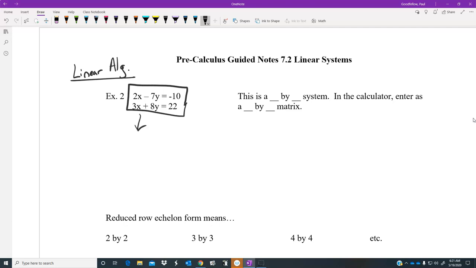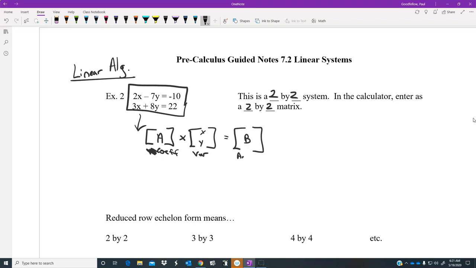Now, one of those that you've probably seen in the past: this is a 2x2 system because there are 2 equations with 2 unknowns. And on the calculator, you would enter it as a 2x2 matrix. One of the matrix solving techniques was that you took the coefficient matrix and multiplied it by the variable matrix, which in this case was x and y, and you would end up getting the answer matrix on the end.